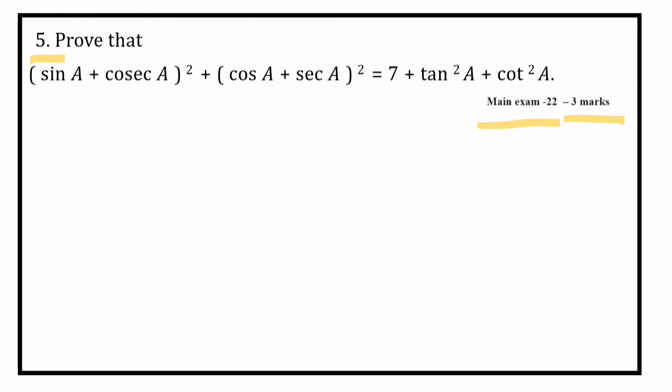Fifth question is prove that sin A plus cosecant A the whole square plus cos A plus secant A the whole square is equal to 7 plus tan square A plus cot square A. Now let us take LHS.